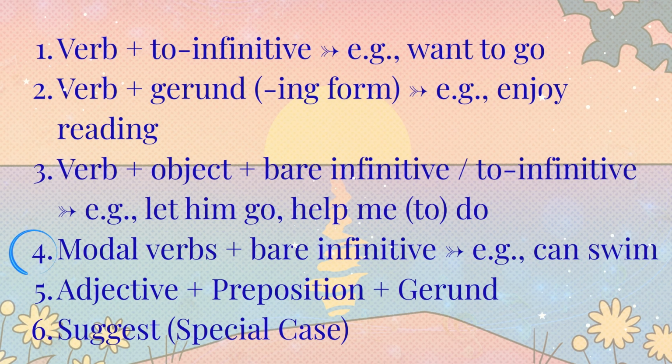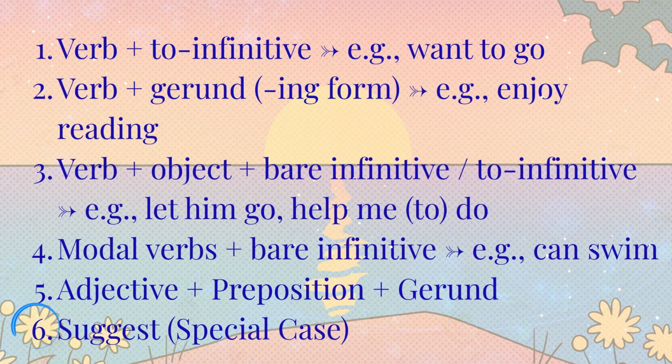Modal verbs always go with a bare infinitive: can swim, must finish, etc. Now, the construction adjective plus a preposition and a gerund, for example, interested in learning, they always go with a gerund. And the last thing is the verb suggest.